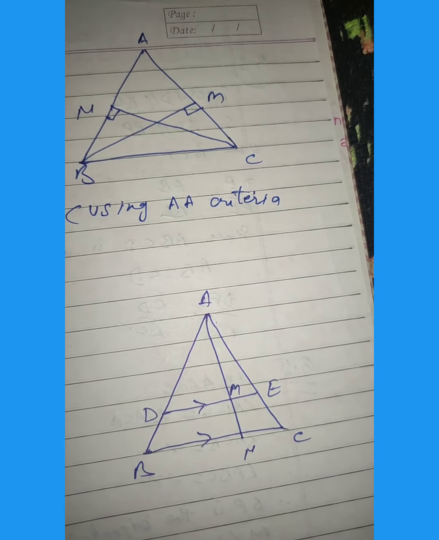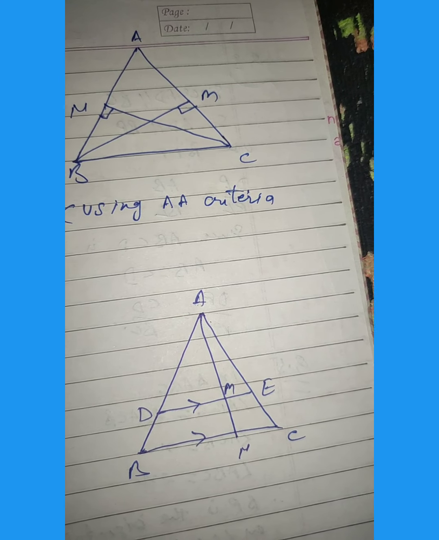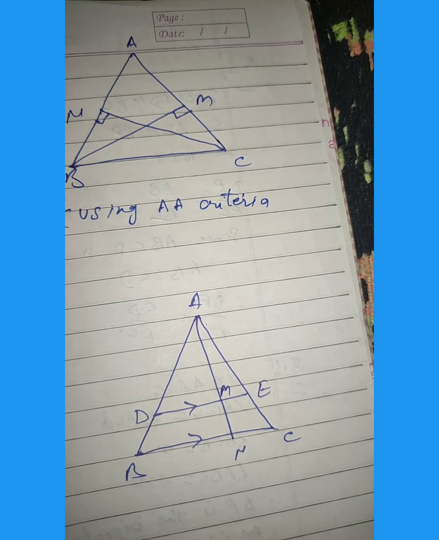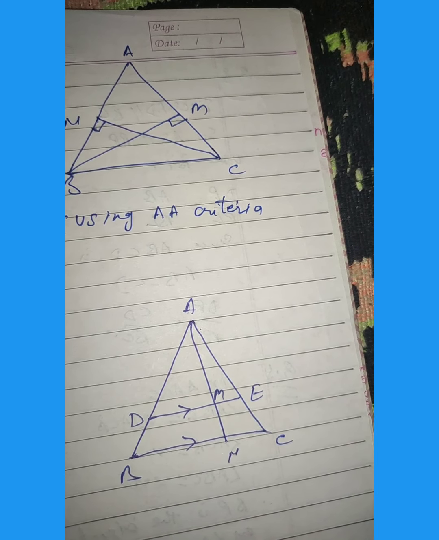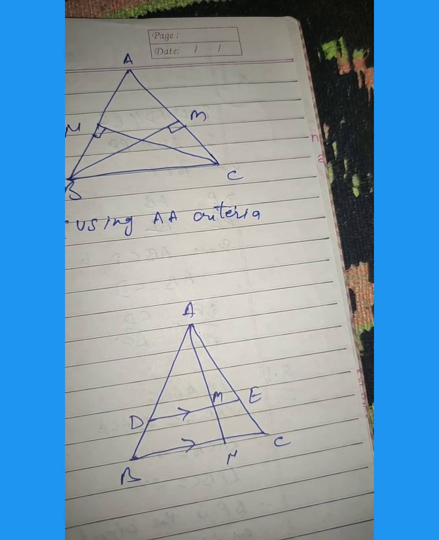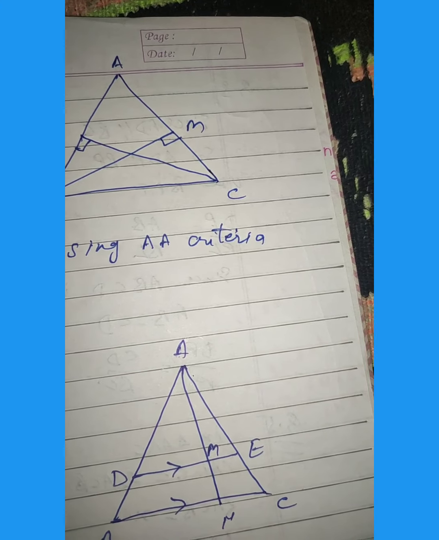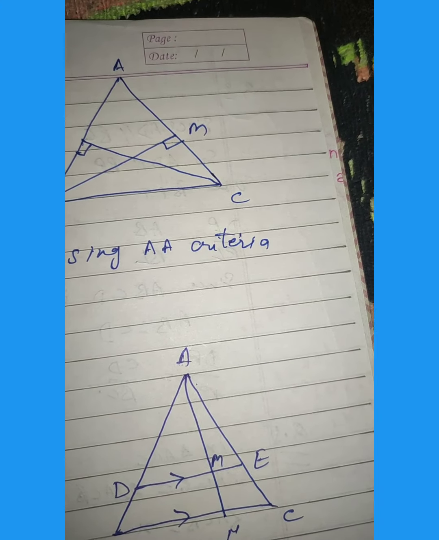In the given figure, DE is parallel to BC, AE is equal to 15 centimeter, EC is equal to 9 centimeter, NC is 6 centimeter, and BN is 24 centimeter. Write all possible pairs of similar triangles.